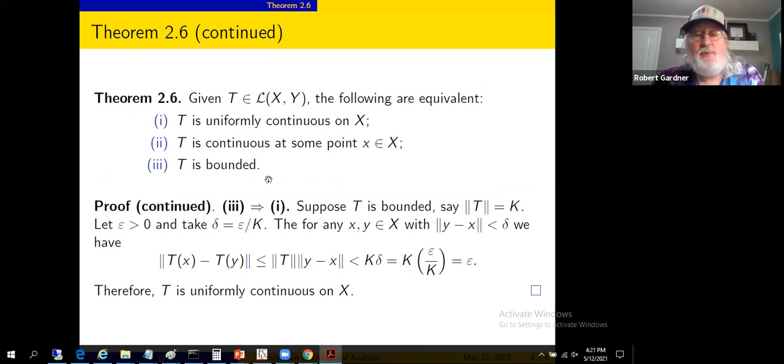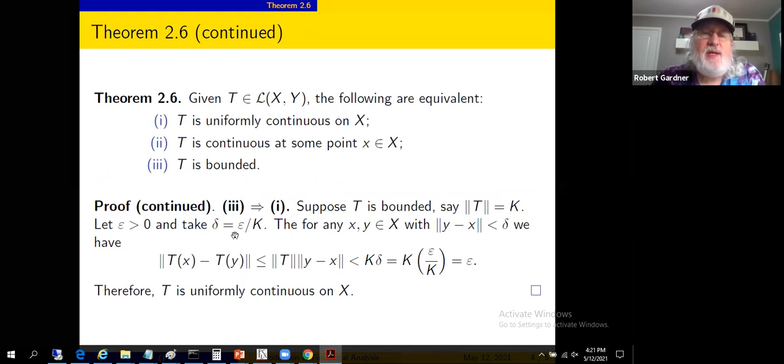So we're going to assume T is bounded, say the norm of T equals capital K. Let epsilon be greater than 0, arbitrary, and take delta to be epsilon over K. Delta is based on epsilon and on the norm of T. Then for any x, y in the normed linear space X, provided the norm of y minus x is less than delta, so they're within delta of each other, we'll get the function values are within epsilon of each other.